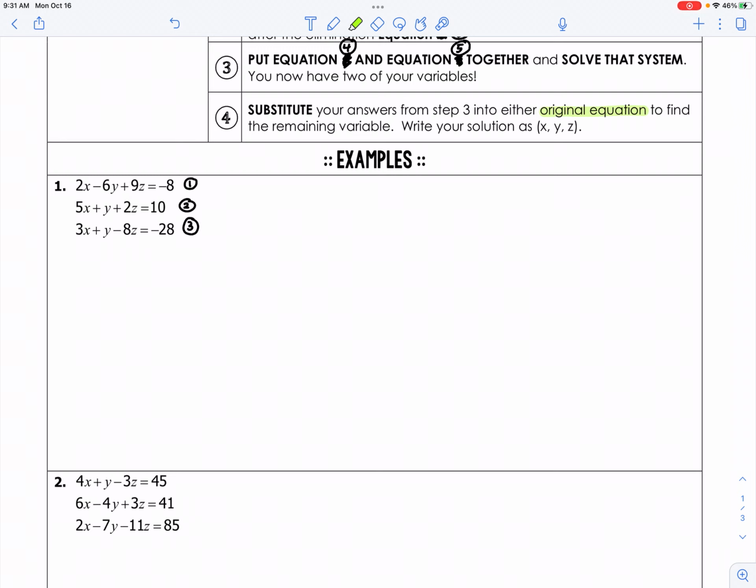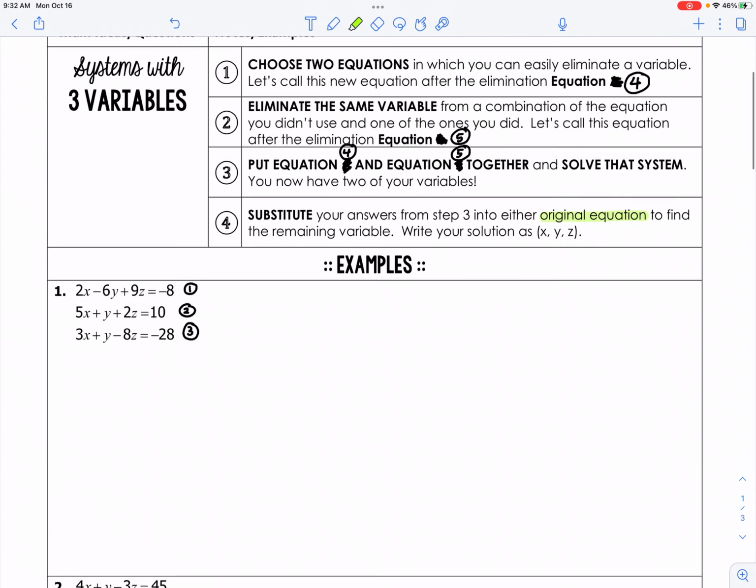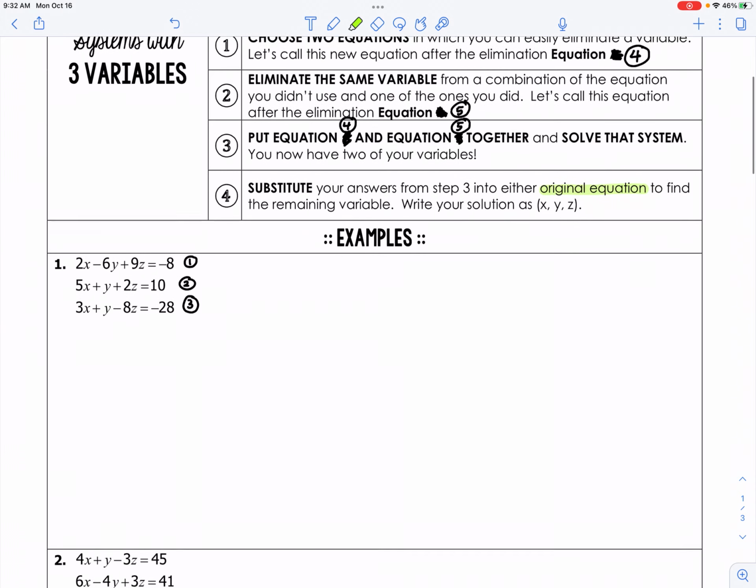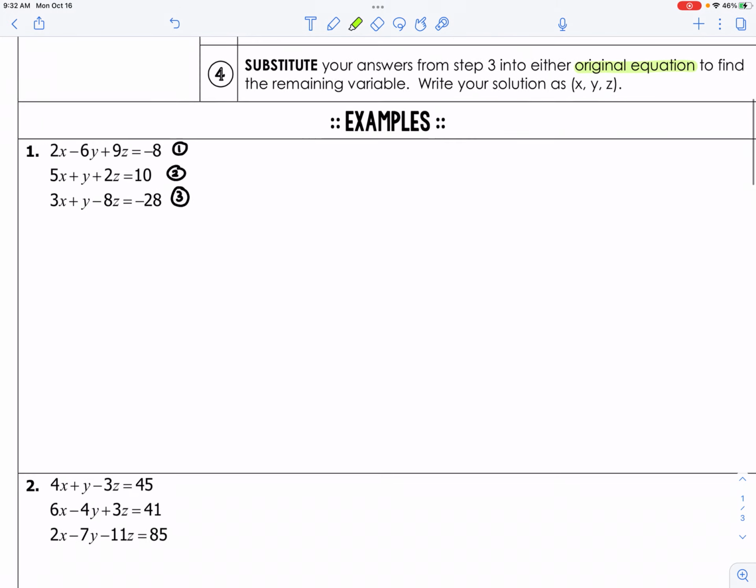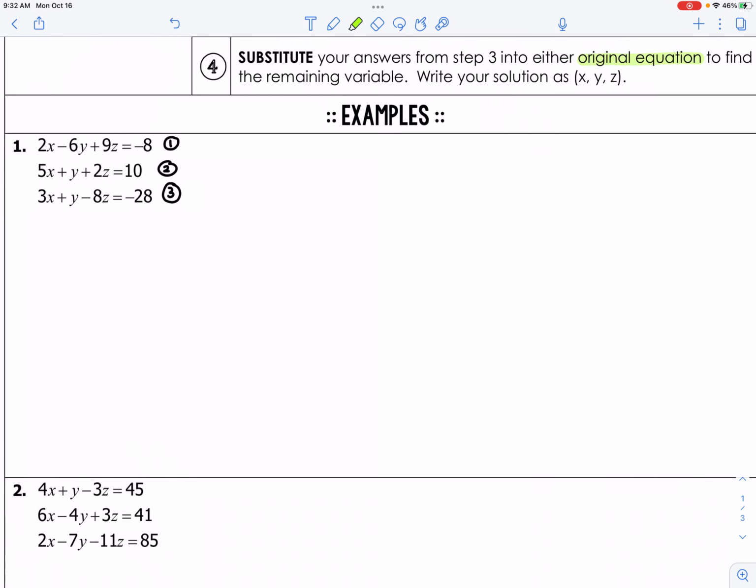So looking right away, step number 1, choosing two equations which we can easily eliminate. Looking at it right now, I can see that I have no zero pairs. However, when I look at the y's here, I can see that one of them is a negative and 2 of them are positive. So I know that it'd be easy to just multiply one of them by a number.